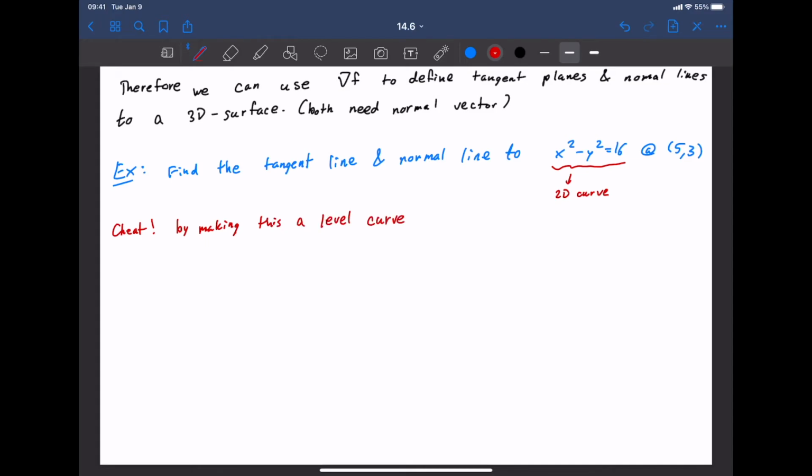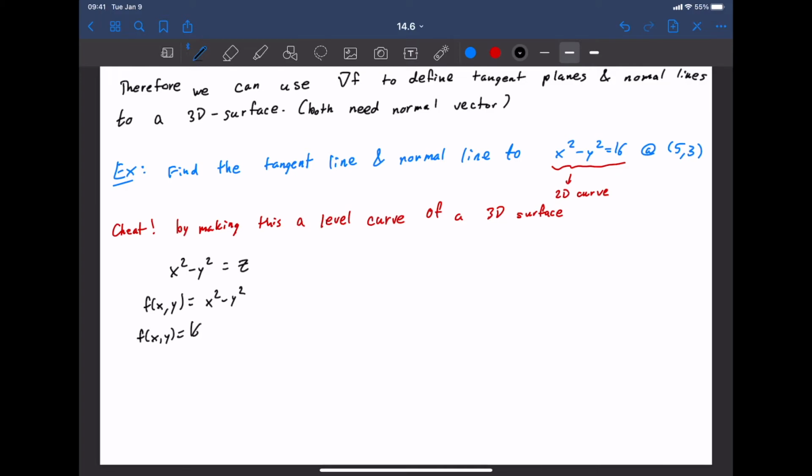Here's how to apply everything we've just been talking about of a 3D surface. So it's like picture x squared minus y squared equals z, or f of x, y equals x squared minus y squared, and then f of x, y equals 16, right? That's a level curve.